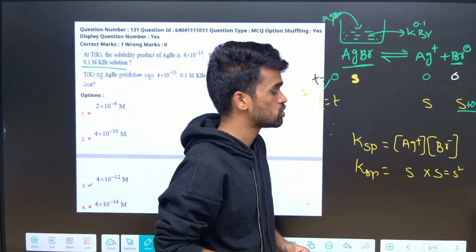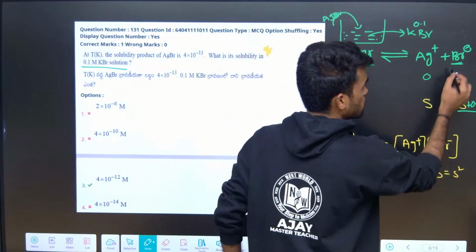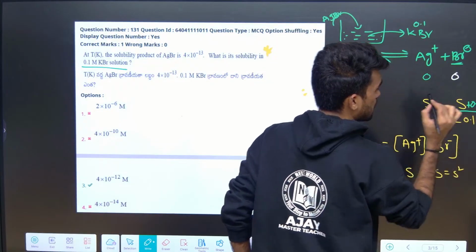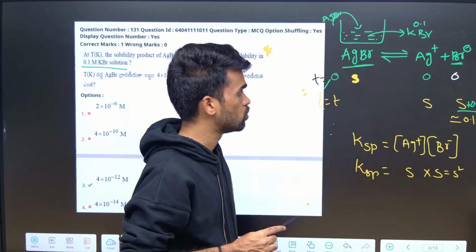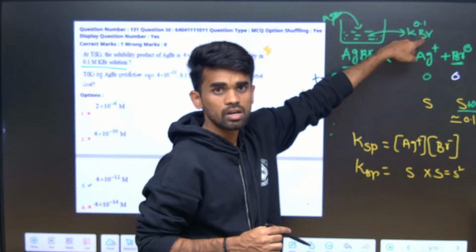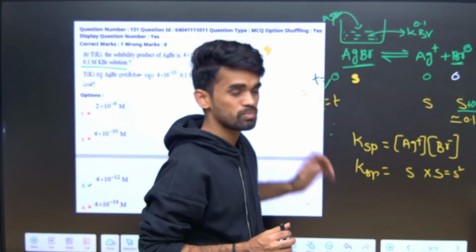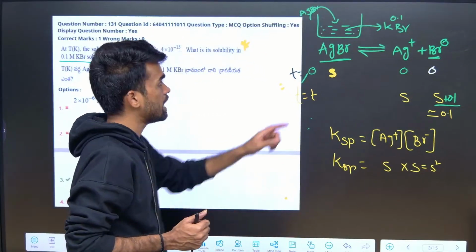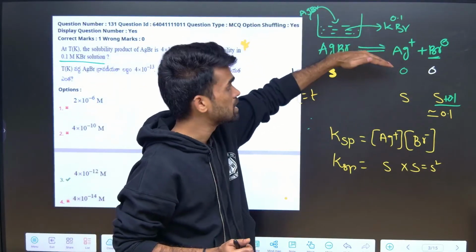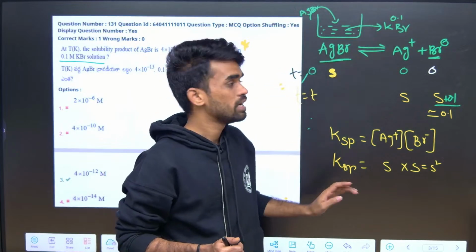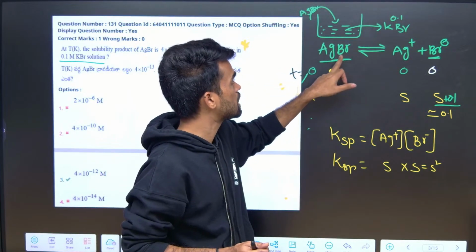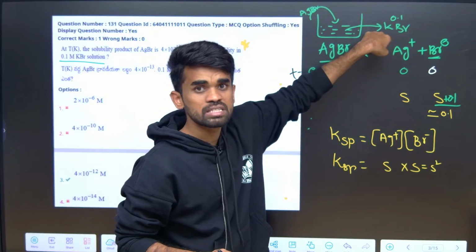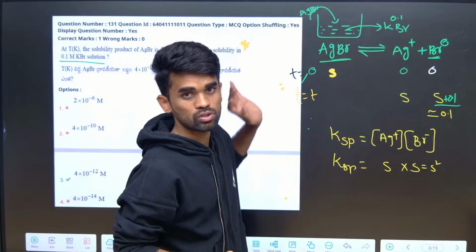The resultant concentration of Br minus is then 0.1 only, coming from KBr only, not from AgBr. This is the common ion effect: the degree of dissociation of a weak electrolyte is suppressed by the addition of a strong electrolyte having a common ion. It means AgBr solubility will decrease.